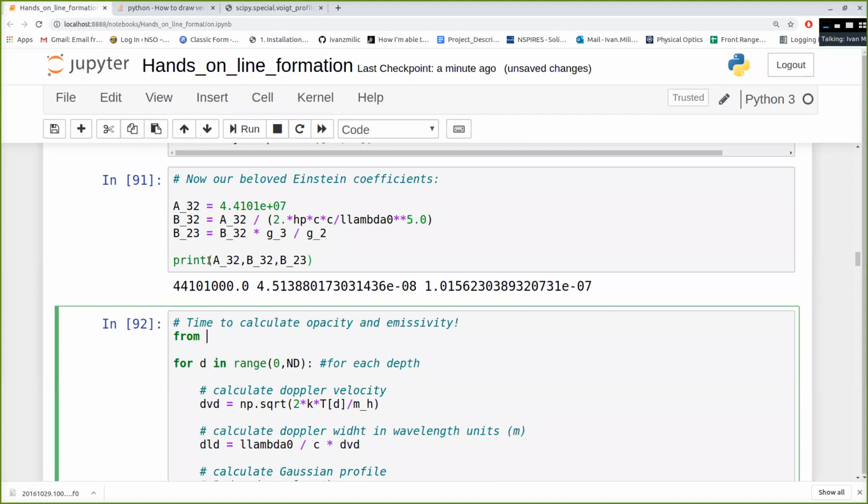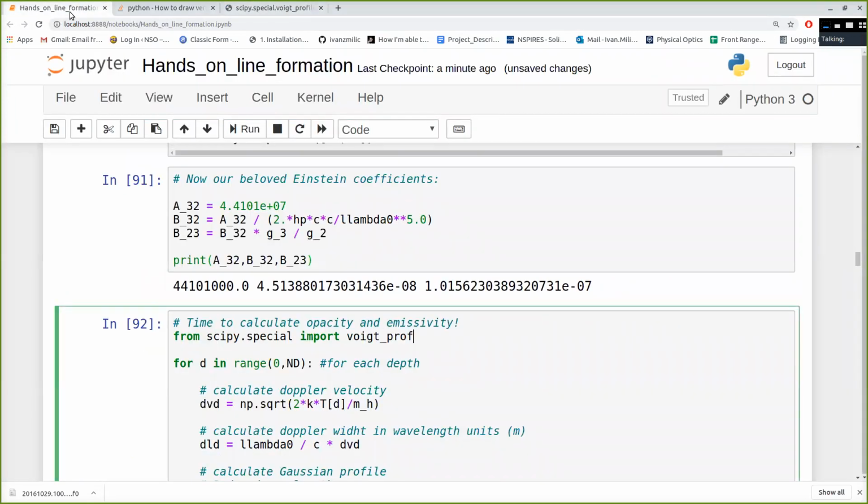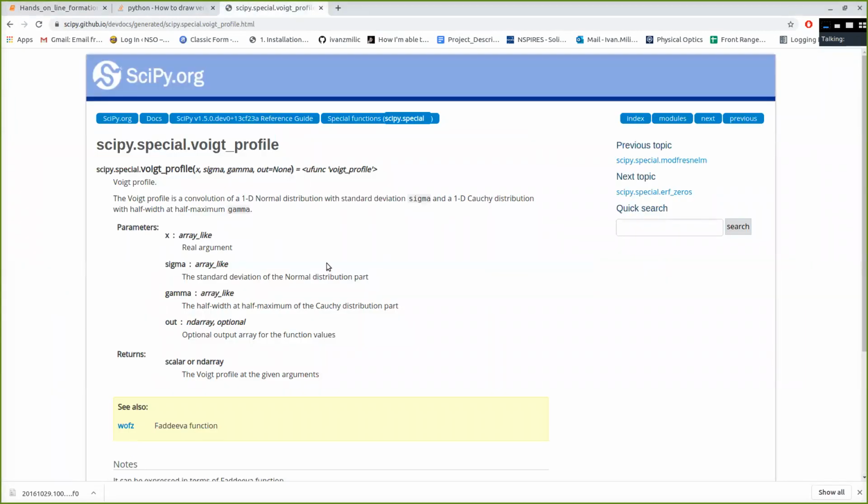So we're gonna do something like this. From SciPy Special, import Voigt profile, and then Voigt profile.